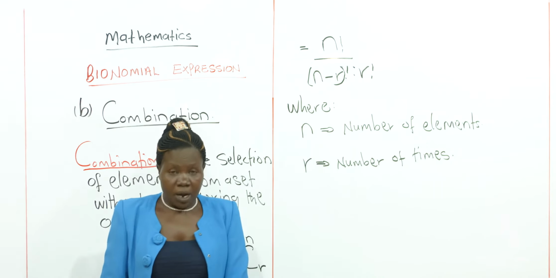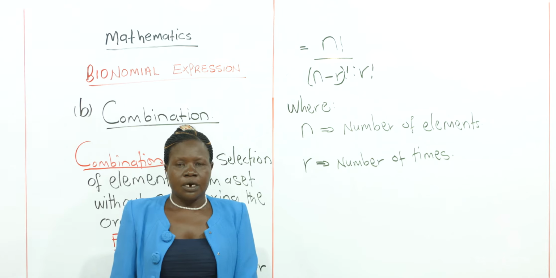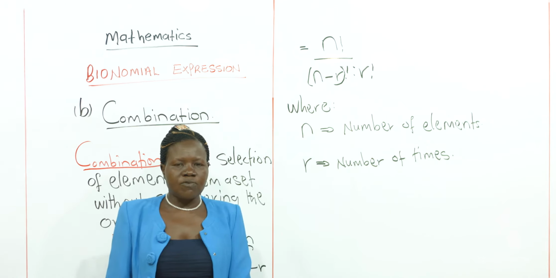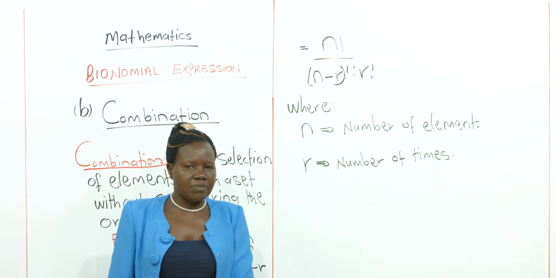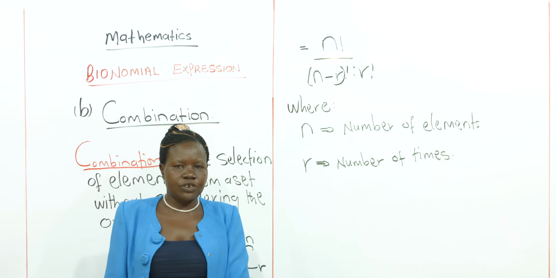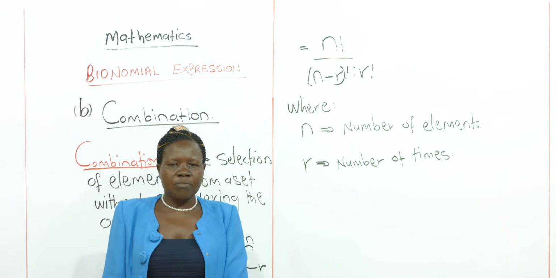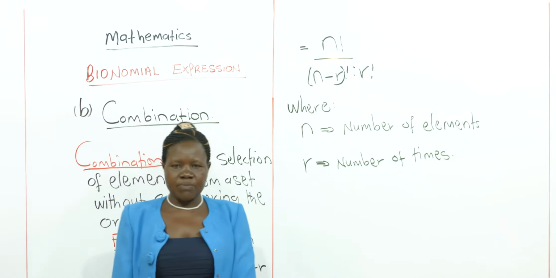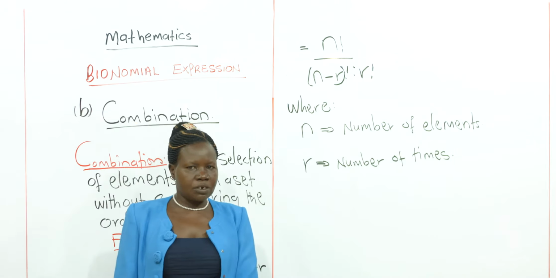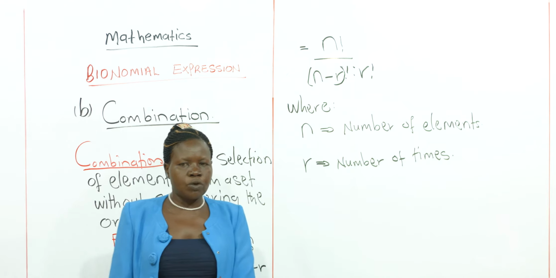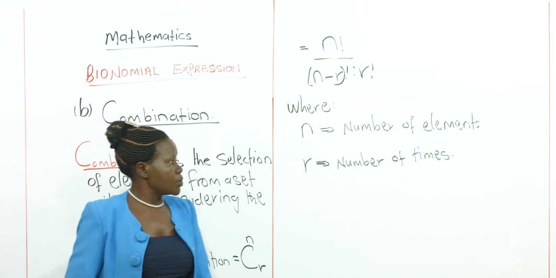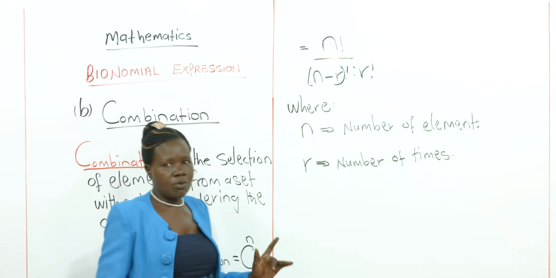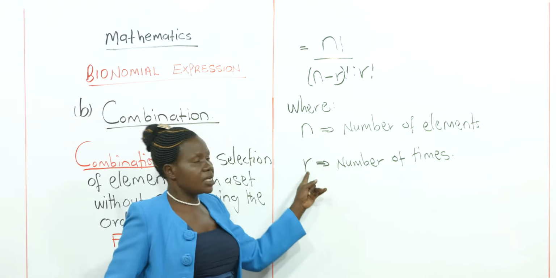So my dear learners, when you look at the formula of combination and the formula of permutation, you find that there is a relationship between them. And that's why we say bi means two. It combines both combination and permutation. We shall reach the point where we are going to use both of them at a go, because they possess the common elements, which are n and r.